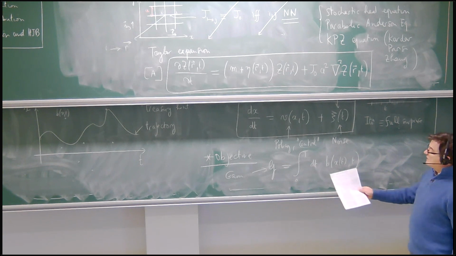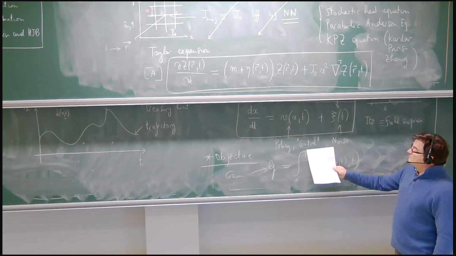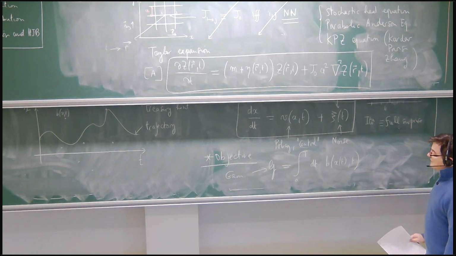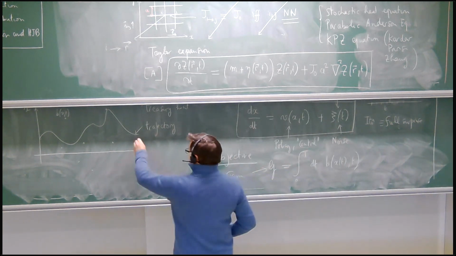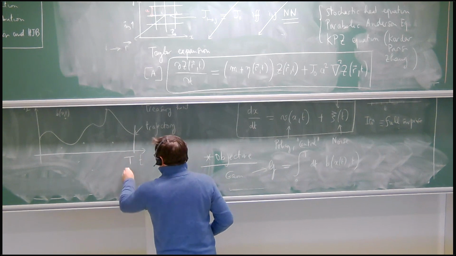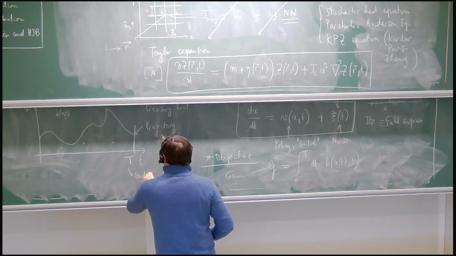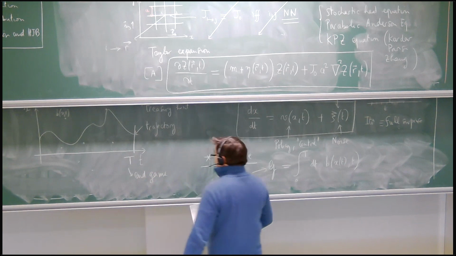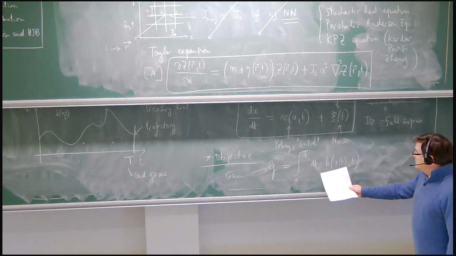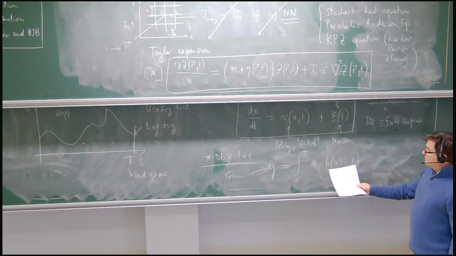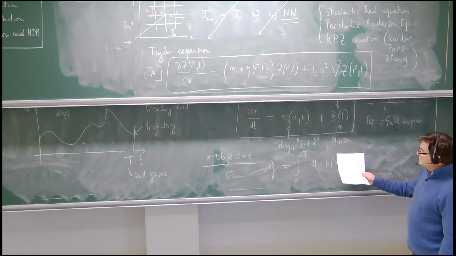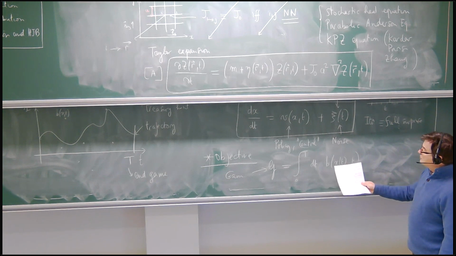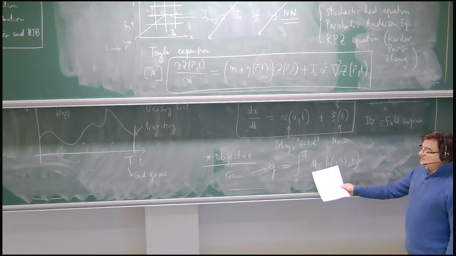So here I'm assuming that the game lasts for a certain time, capital T. Capital T is the end of the game. And you see what this tells you is that you're going to gather bounties along your trajectory, along x of t. So the bounty that happens to be on your path at time t, you're going to collect it. Okay.